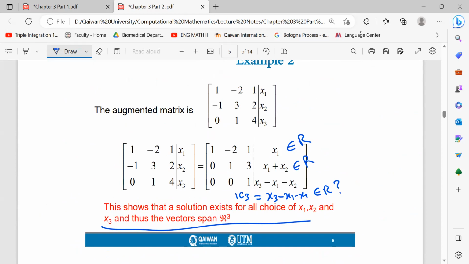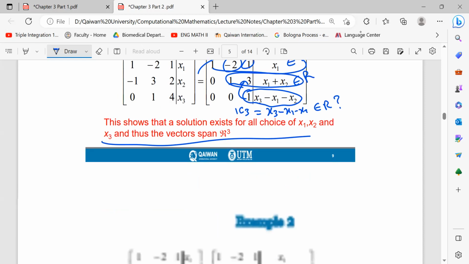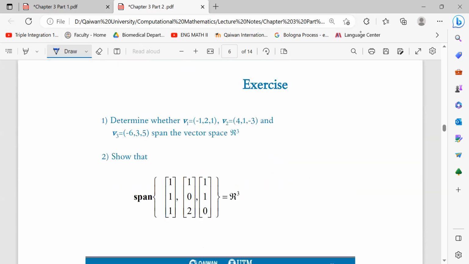You can directly say this is the value of c3. If you put it here, you get the value of c2, and if we put the values of c2 and c3 here, we get the value of c1. That means we could write R3 as a linear combination of those 3 vectors. It means those 3 vectors span R3.